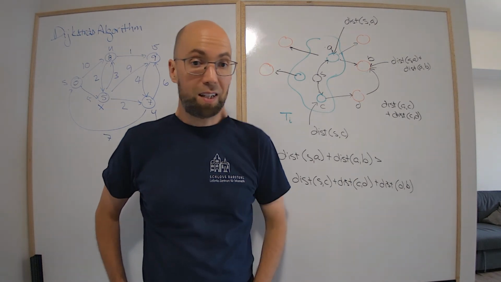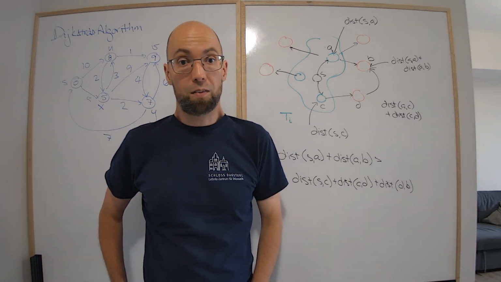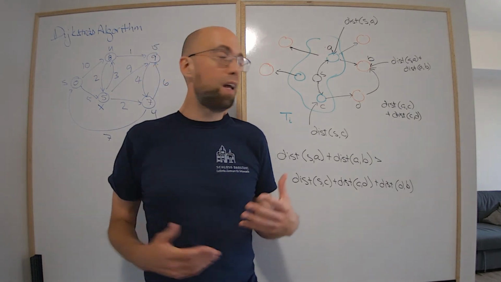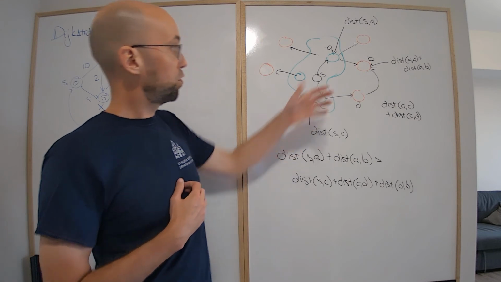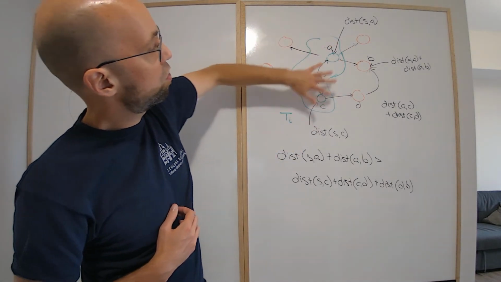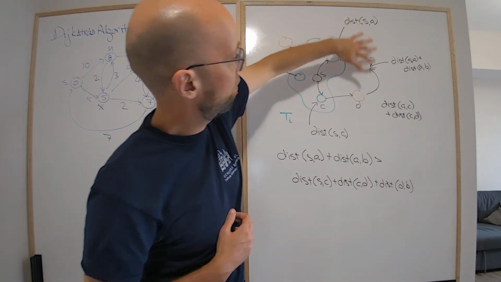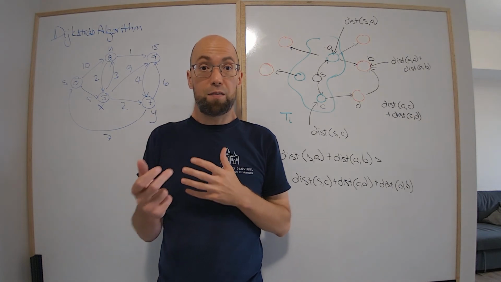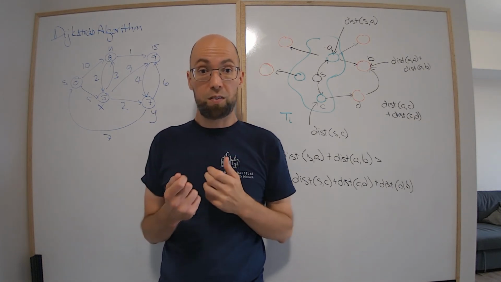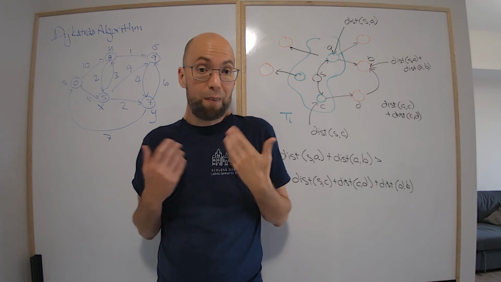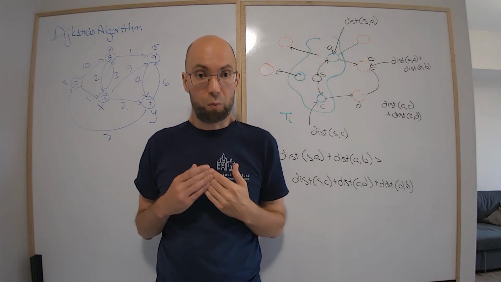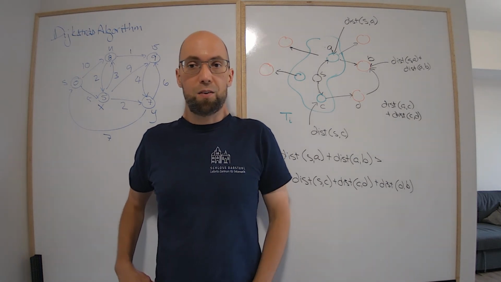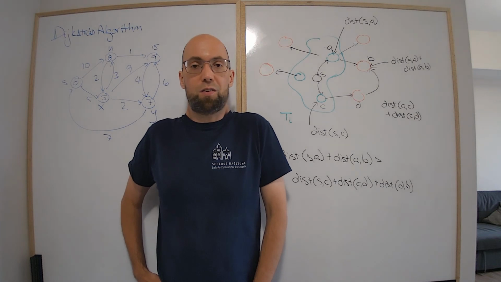So yes, in the case of negative edge weights, Dijkstra's algorithm breaks. But if there are no negative edge weights, then it's correct. So if after I steps we've chosen our tree correctly, and we have the right numbers written in all the red vertices, then when we choose the red vertex with the smallest number written in it, the fastest way we can get to that vertex is in one step from our tree. Okay, so that's why it's correct.